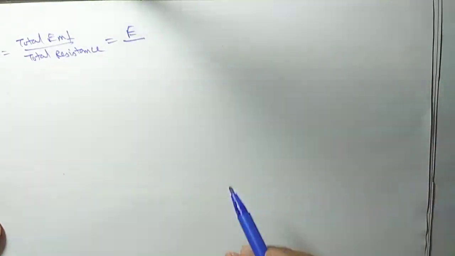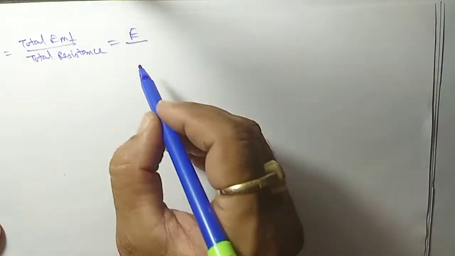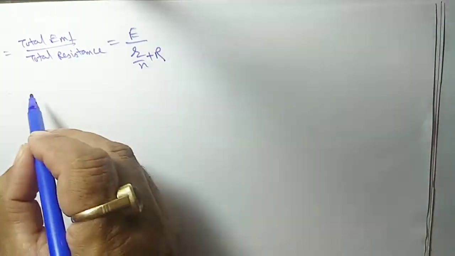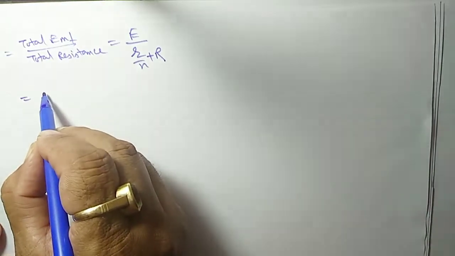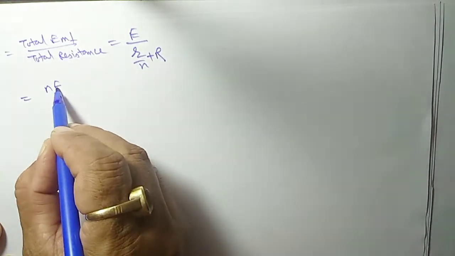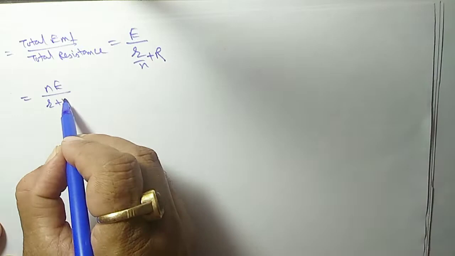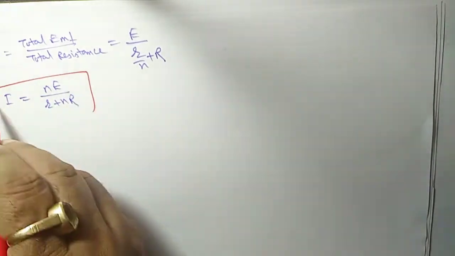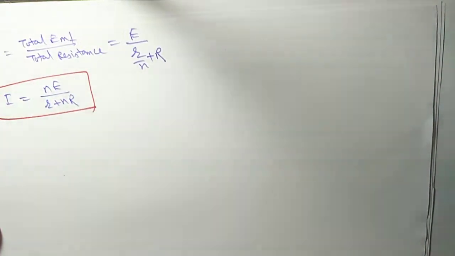Total EMF is here E, and the total resistance is here r upon n plus R, or we can write here it is nE upon r plus nR. I think it is clear. Now this is the desired formula in parallel combination.